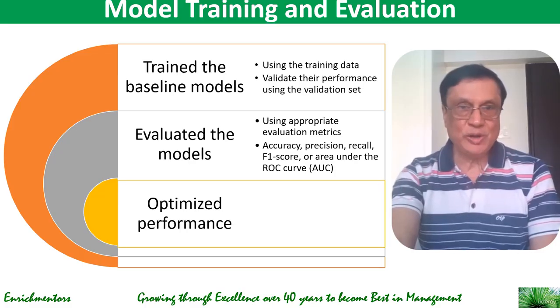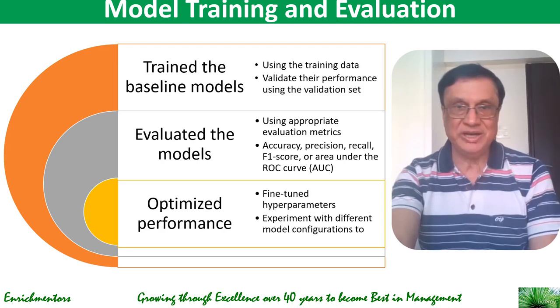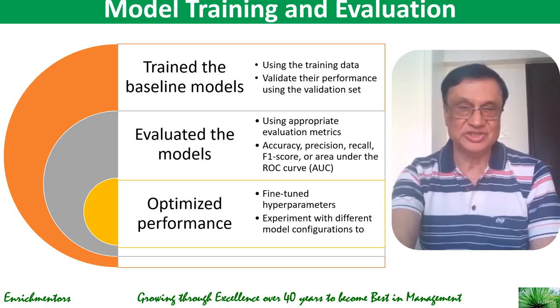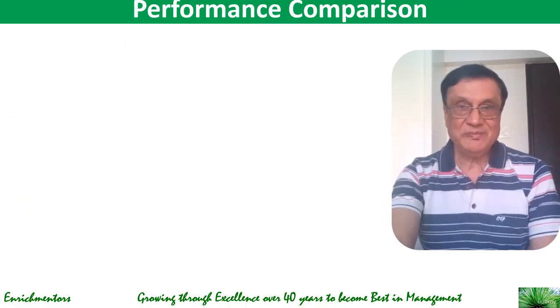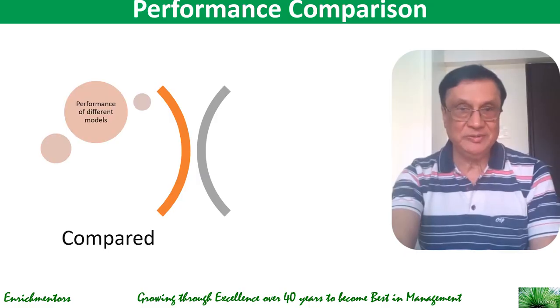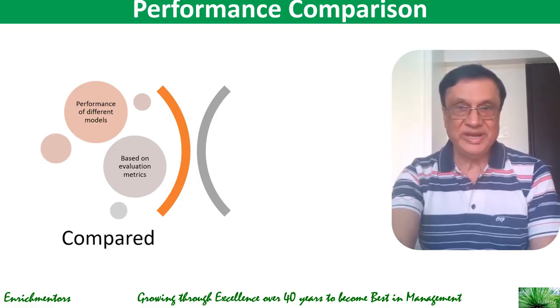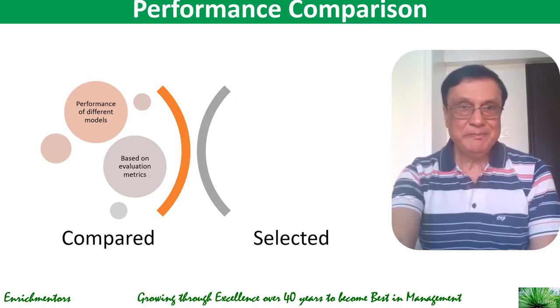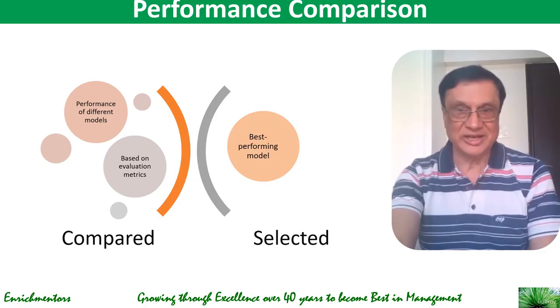And finally, they optimized performance by fine-tuning hyperparameters and by experimenting with different model configurations. They went on to compare the performance of the different models based on the evaluation criteria and selected the best performing model as the baseline. So that's how the model selection finally happened based on the performance comparisons.